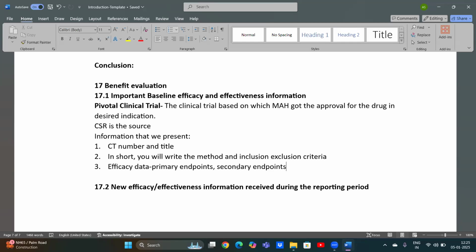So you have targeted that by the end of cycle 8 or 10, that is the primary endpoint you have kept.